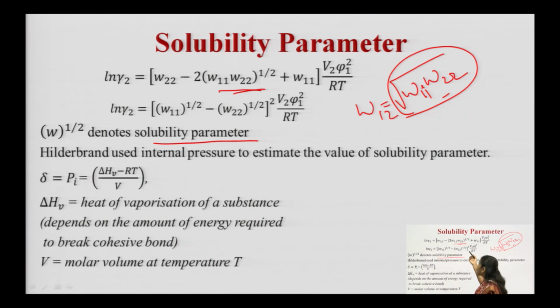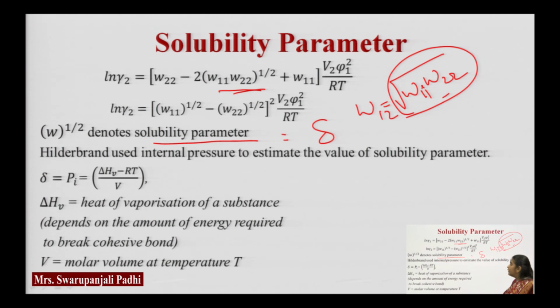If it is W22, then it is the solubility parameter of the solute, and the solubility parameter is denoted by the symbol delta. So what we do is find out the solubility parameter of the solute and the solubility parameter of the solvent, and then we subtract them and calculate the net solubility parameter.